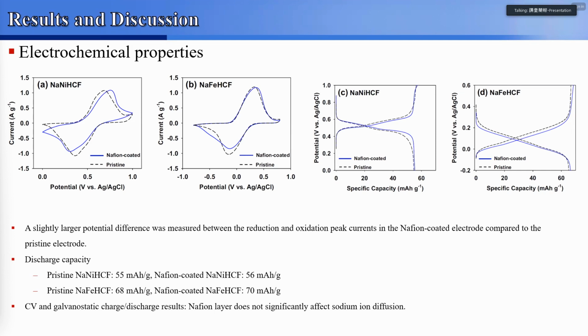And from the galvanostatic charge discharge data, the capacity of Nafion coated and pristine electrodes is also similar. This result shows that the Nafion layer does not significantly affect sodium ion diffusion and capacity.